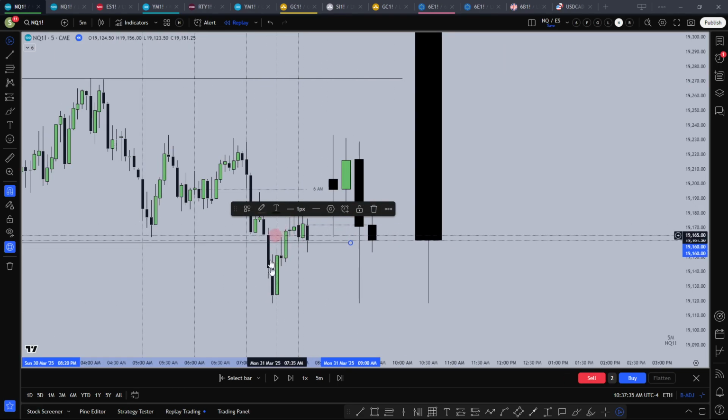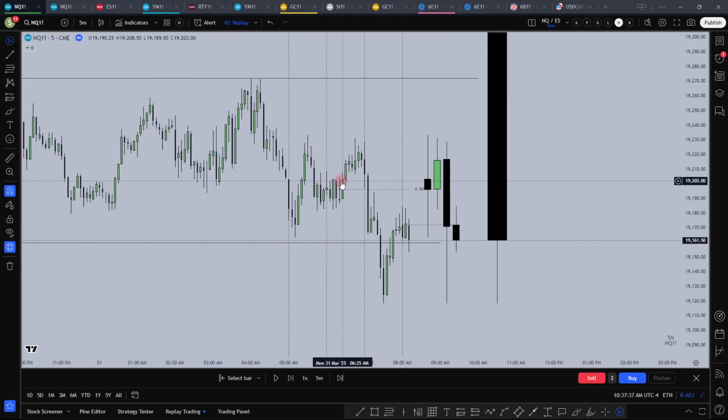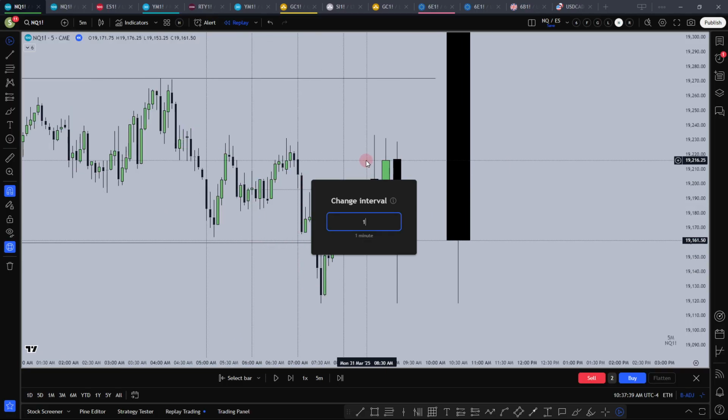So I am viewing this move on the hourly as a retracement or reversal.